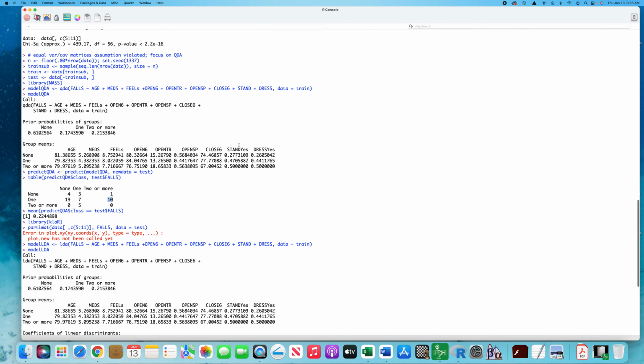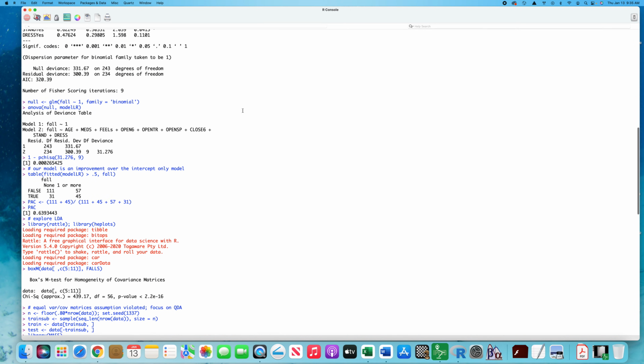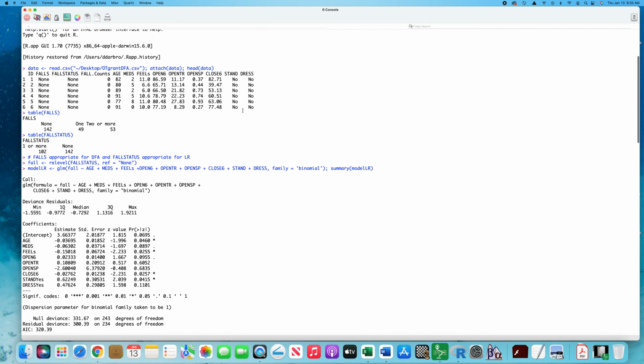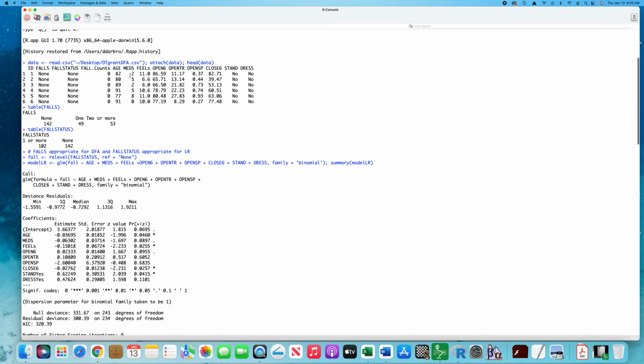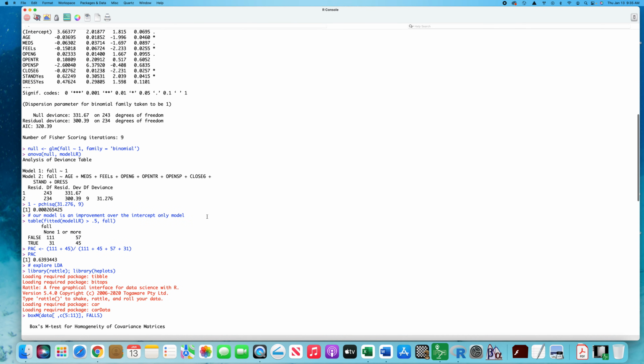I will tell you another issue that I knew we were going to run into early on: when running discriminant function analysis, we really need the counts in the levels to be pretty close. And I'm pretty sure we all agree that 49, 53, and 142 are not close.